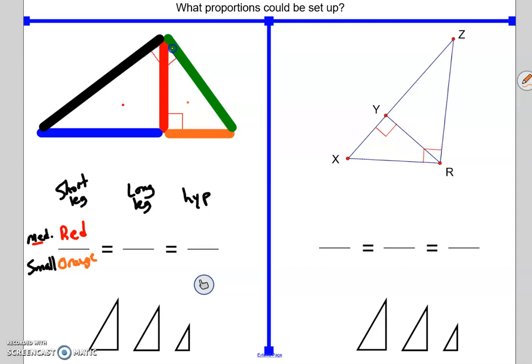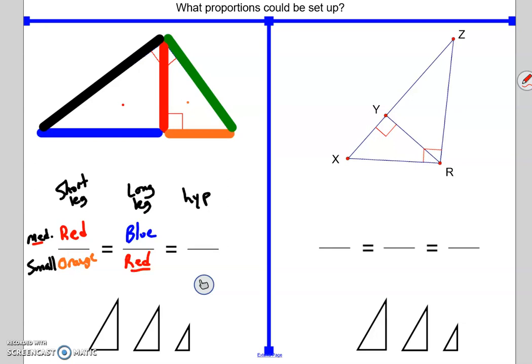Let's go to the next one. If I look at the medium triangle and look at the long leg, that's going to be the blue length, or the blue side. If I look at the small triangle and the long leg of that small triangle, that is the red segment. Okay, so that red segment is the small triangle's long leg, which we're seeing here.